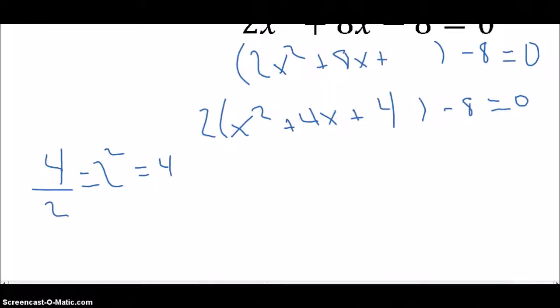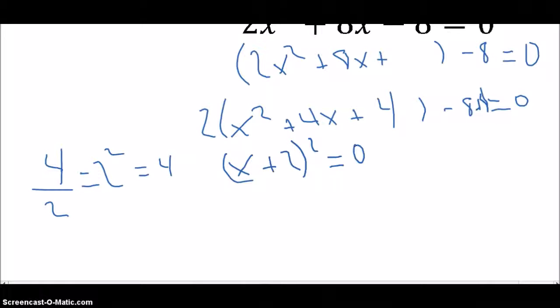So on this side we have to add 8. So that gives us x plus 2 squared equals, well, 8 plus 8 is 0, so we're not subtracting or adding anything to both sides. That gives us 0.